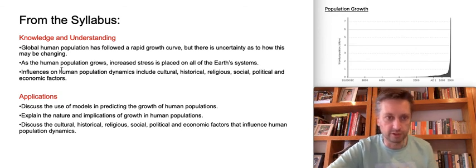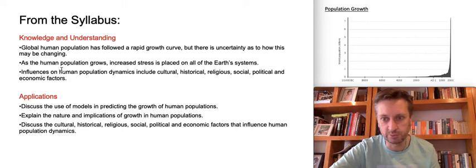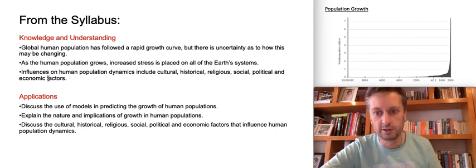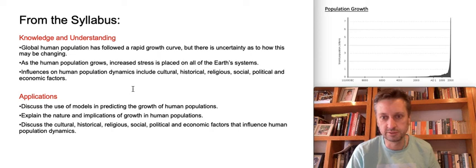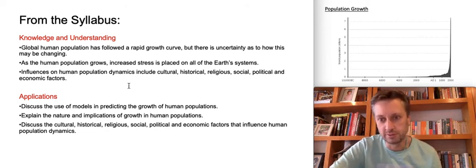You need to know that as human populations grow, certain stresses are going to be put on Earth systems and natural capital. And we need to consider how these changes in population depend on things like culture, history, religion, social aspects, politics, and economics. There's quite a lot there, even though I've only chosen a few small topics to cover today.